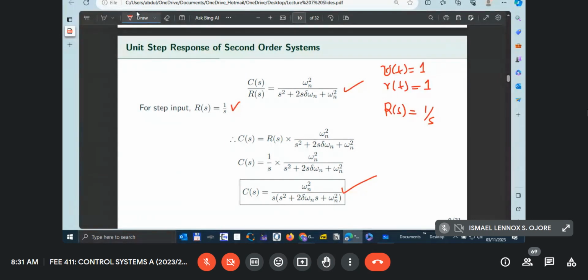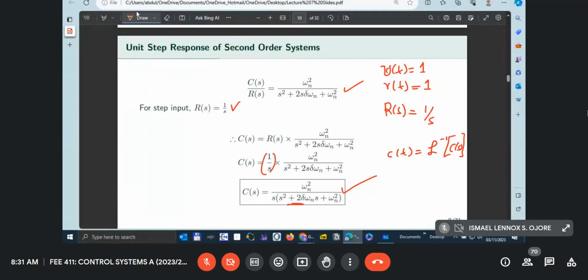So for us to get c(t), we need to get the inverse Laplace of this, right? Remember yesterday we said for us to get the time response, first we apply an input, we simplify, and then we take the inverse Laplace of that simplification, of C(s). So here we have applied this input.